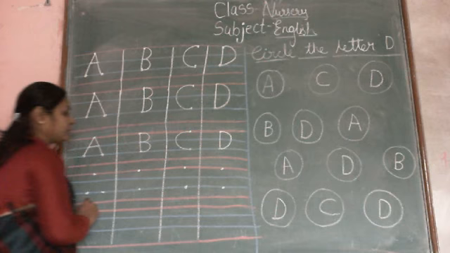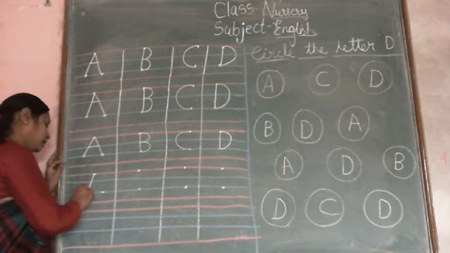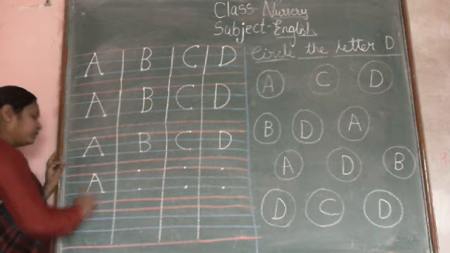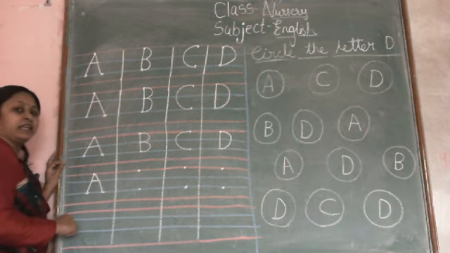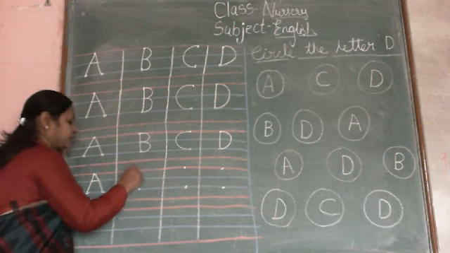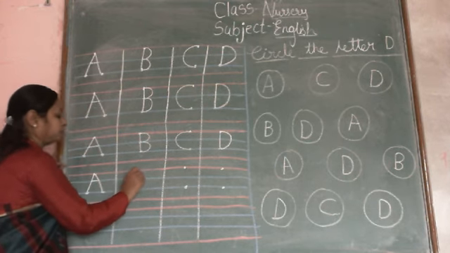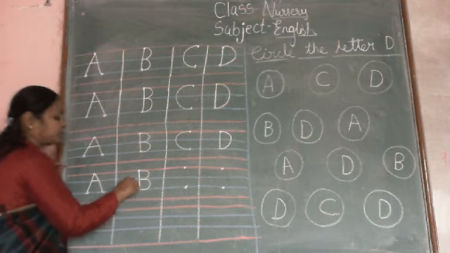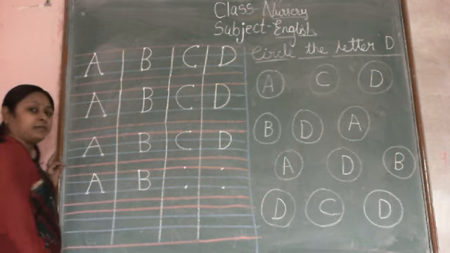Okay? So, slanting line and sleeping line. Which letter is this? A. Then standing line, half curve. Which letter is this?